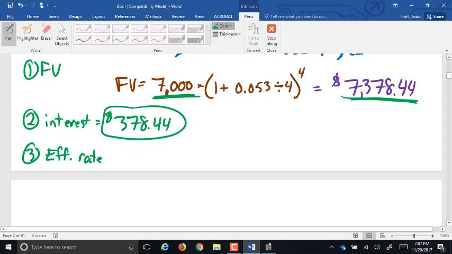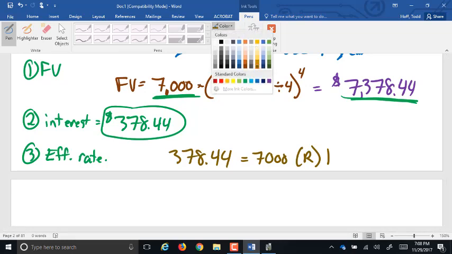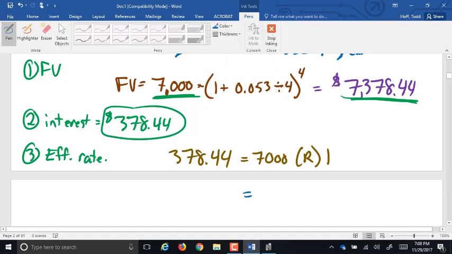Now this is the nice part on this one. The effective rate: we have the 378.44 equals, our principal was 7,000 times our rate times our time, which is 1 year. So 7,000 times 1 is just 7,000. You sound doubtful that there's something that could actually be easy in this class.